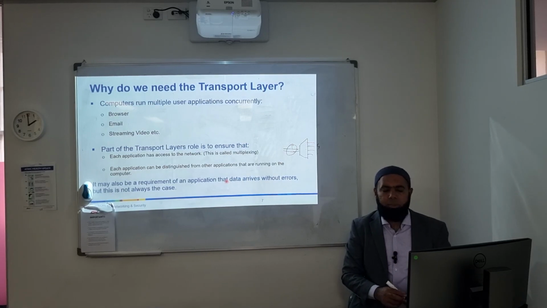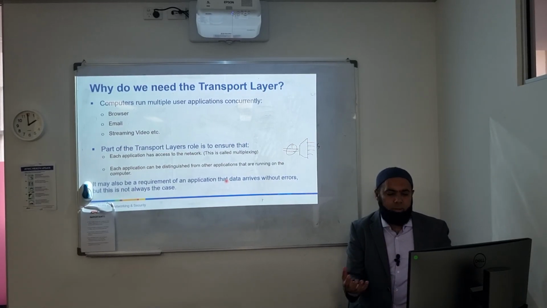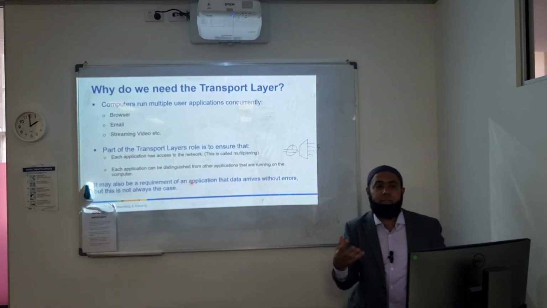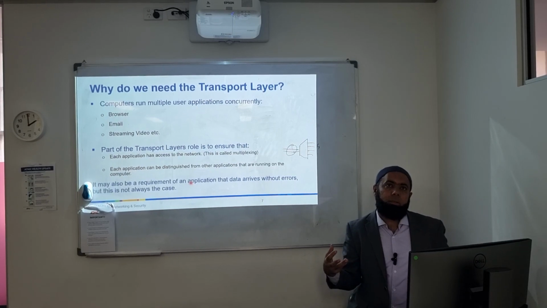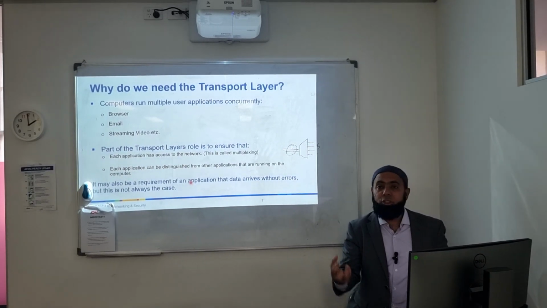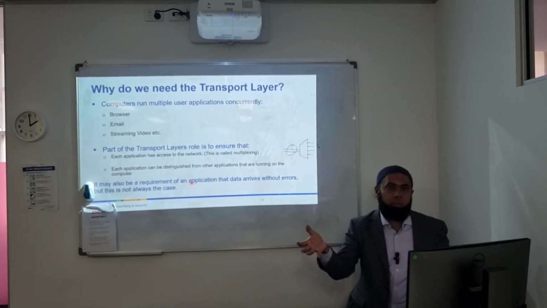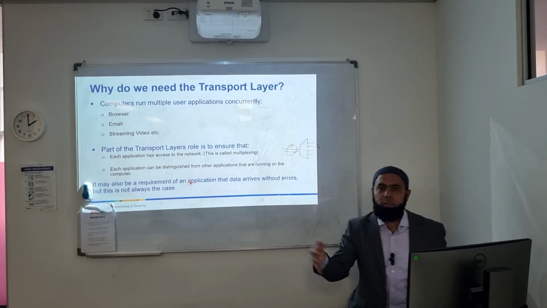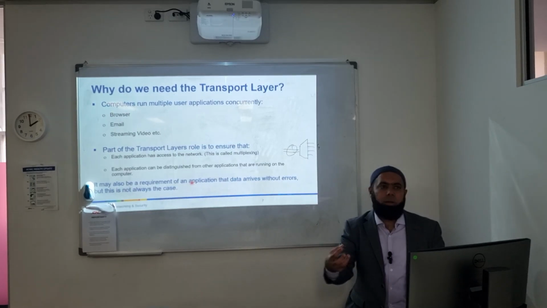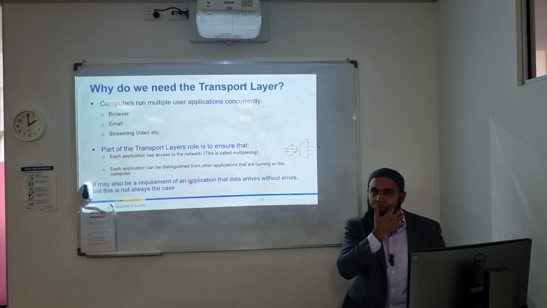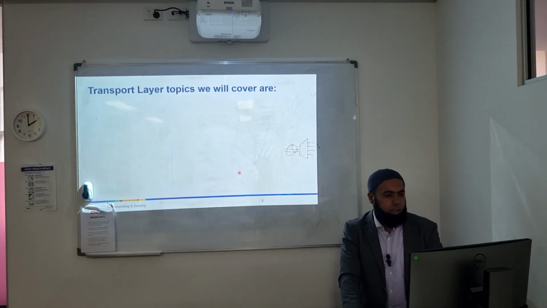The transport layer also does the job of ensuring that the data goes to the right app. If the data is coming for Mozilla and it goes to some other app, that would be a wrong thing.